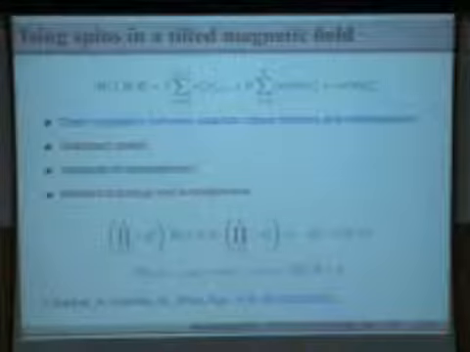And there's an external magnetic field which is tilted, in the sense that if theta is 0, then the magnetic field is along the z direction, the direction of the interaction. And then this is just a simple Ising model.